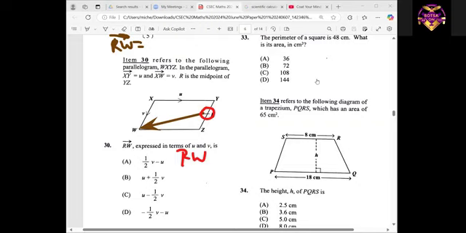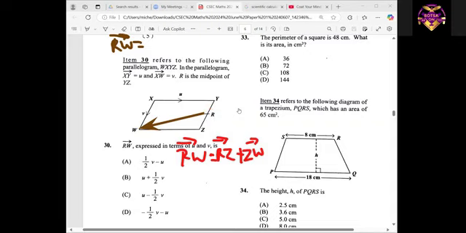I would prefer to go from R to Z and then continue from Z to W. That's the fastest way, the shortest way too. So going this way, starting from R going to Z.